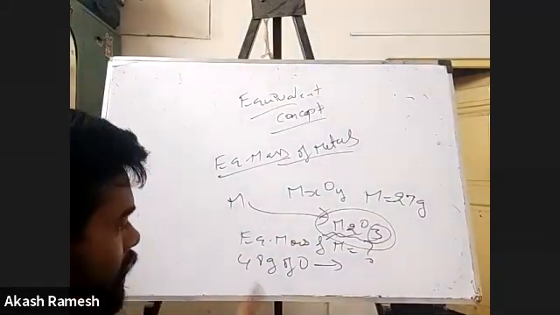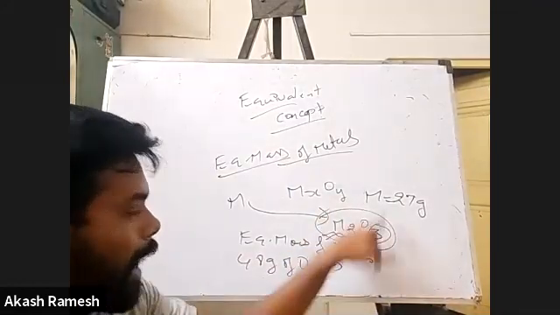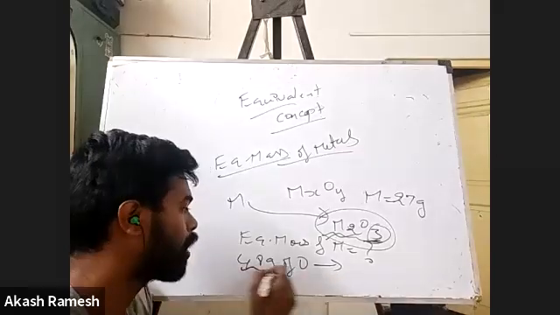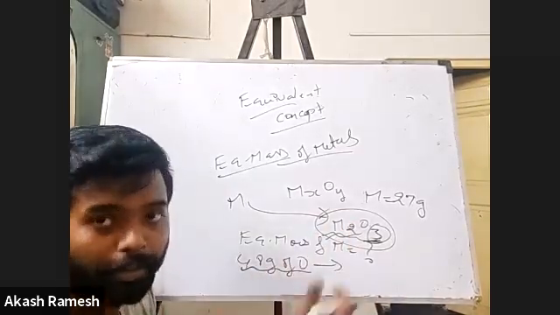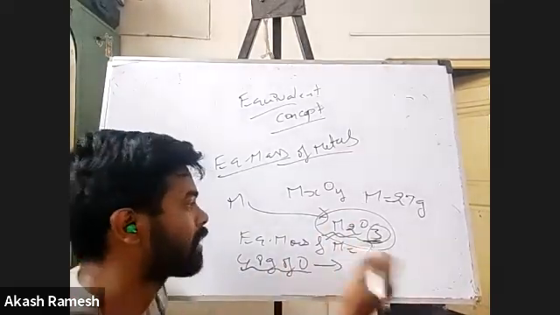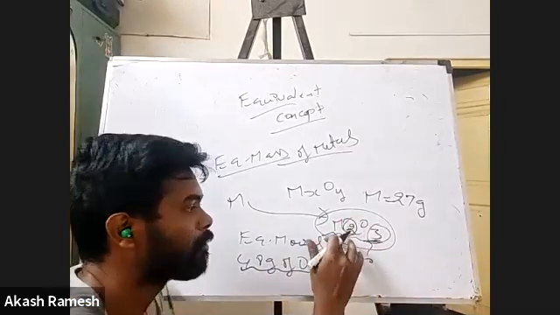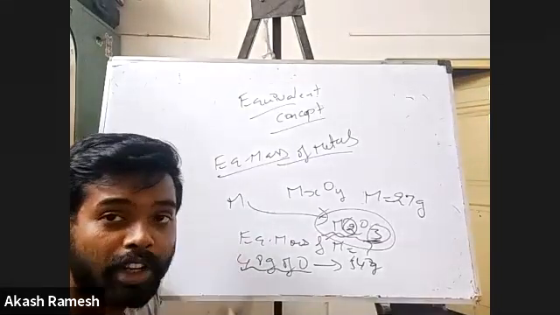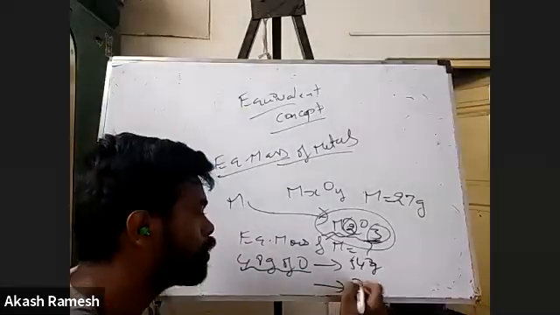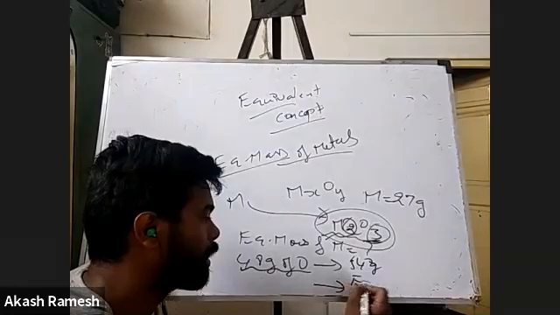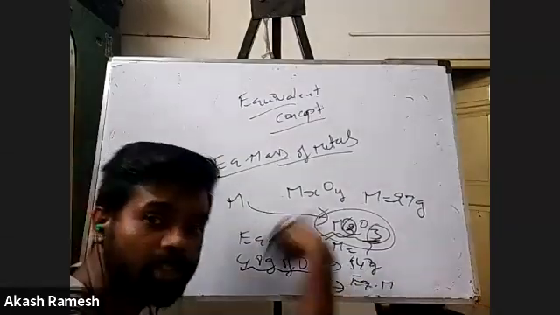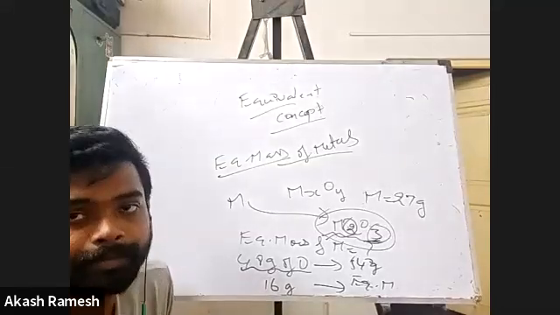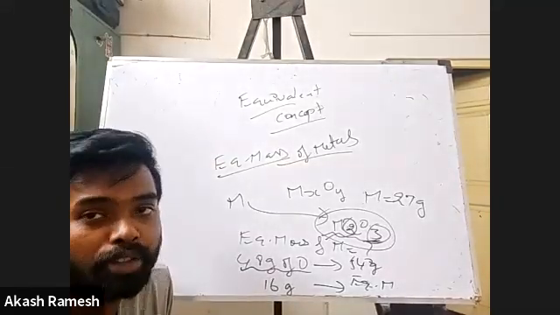From this formula M2O3, what I understand is 3 moles of oxygen, that is 16 into 3, 48 grams of oxygen, is required to react with 2 moles of metal, that is 54 grams. By definition, the amount of metal required to react with 16 grams of oxygen is the equivalent mass of the metal.